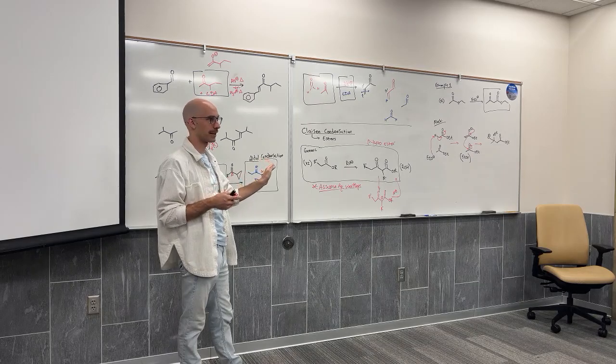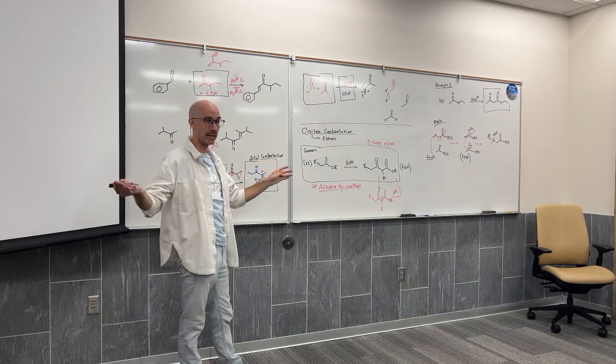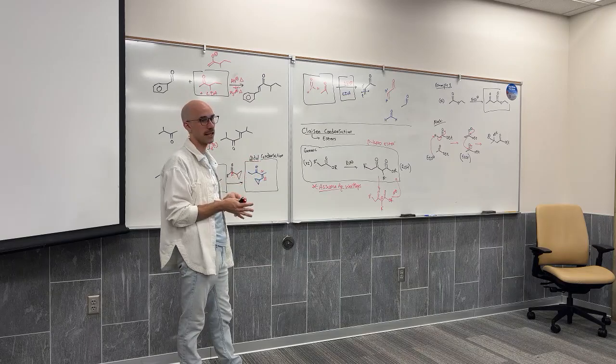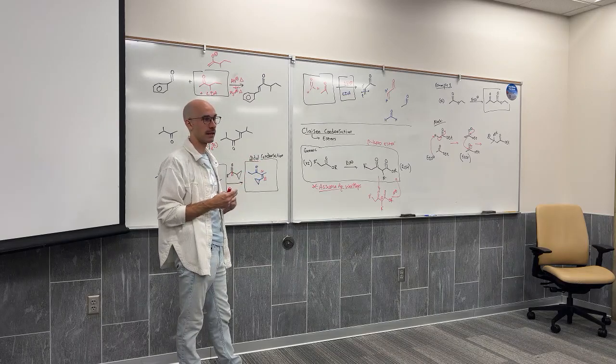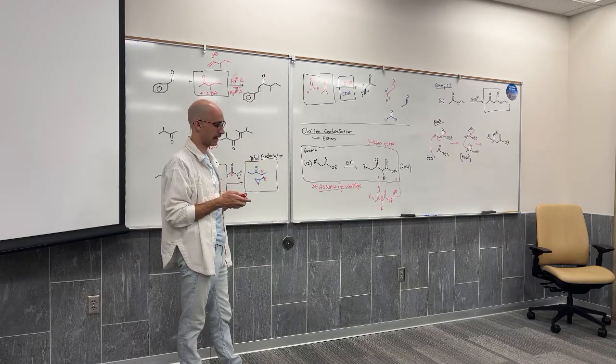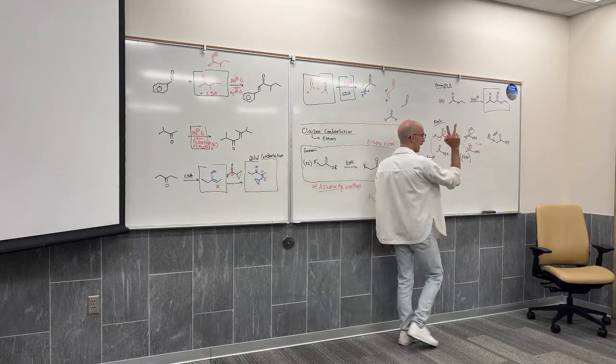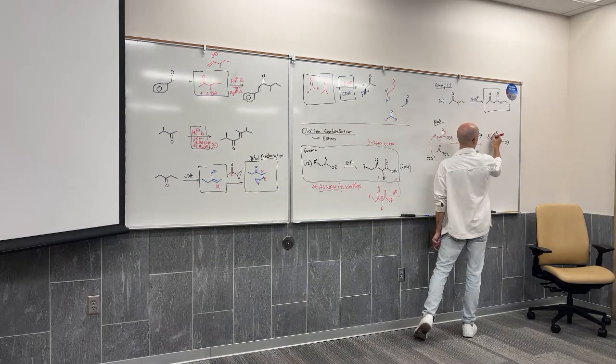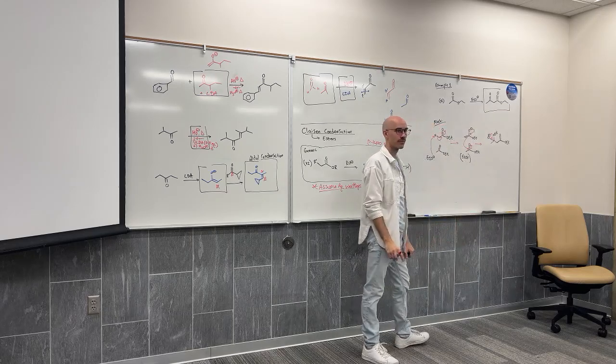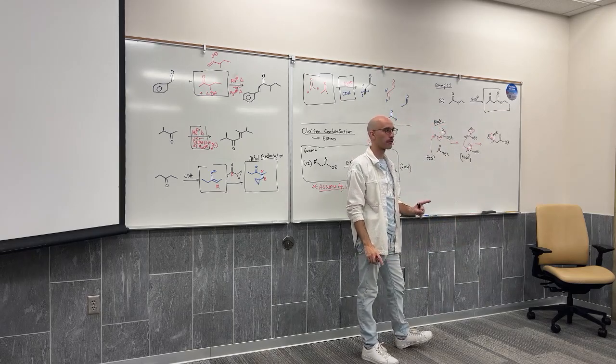Beta carbon started sp2. The beta carbon will end sp2. This is a tetrahedral intermediate at that carbon. O minus collapses, reforms the carbonyl. Something needs to break off.